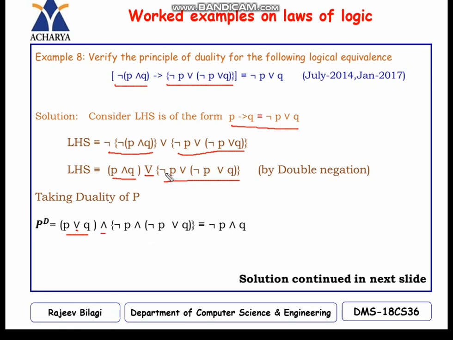Inside bracket negation of P. This OR becomes AND here and then inside bracket the negation symbol remains the same, negation of P. This OR becomes AND. This should be AND. Okay, it is AND, is logically equivalent to negation of P and Q.